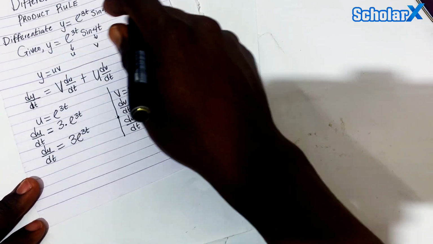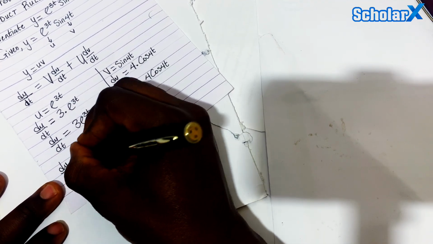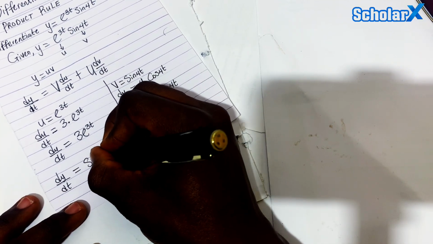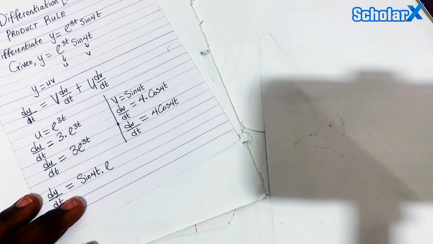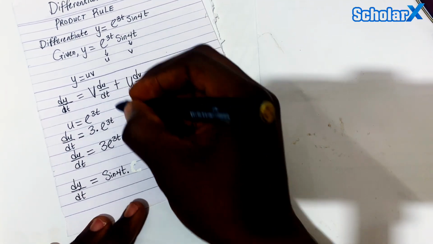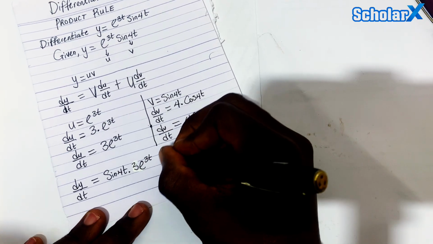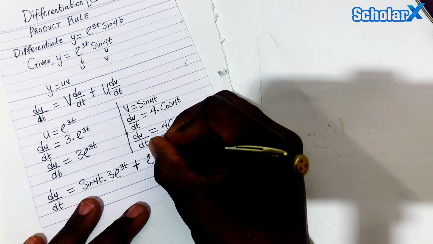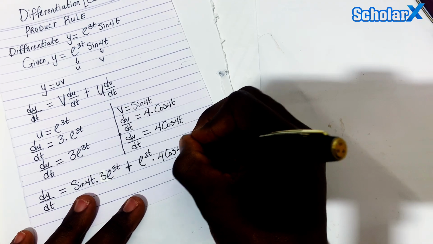So now let's finally put all this into this formula. We're going to have it that dy dt is going to be v, which is sine 4t, multiplied by du dt, which is 3 exponential 3t, plus u, which is exponential 3t, multiplied by dv dt, which is 4 cos 4t.